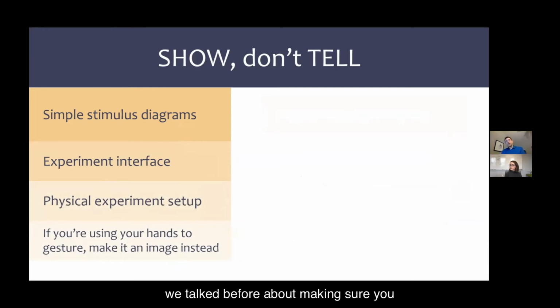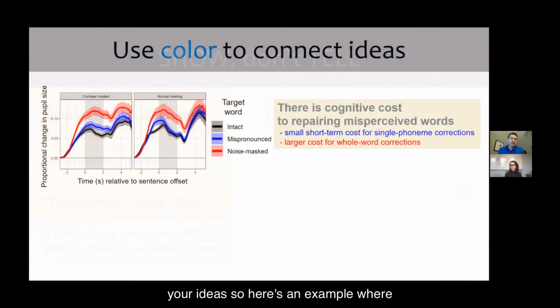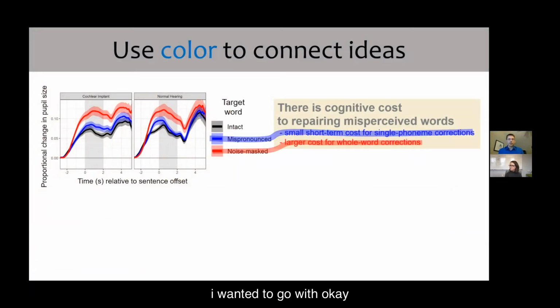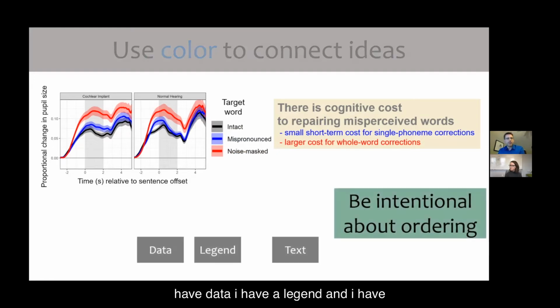We talked before about making sure you have good consistency and good flow of your ideas. So here's an example where I'm using color to make sure that my commentary goes with the data point that I want it to go with, okay? But I want you to think critically about ordering again, right? Because notice here I have data, I have a legend, and I have text.